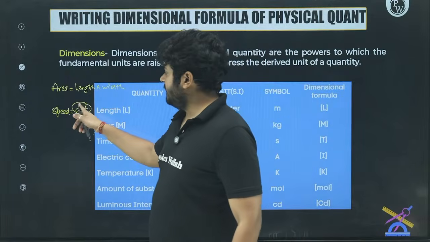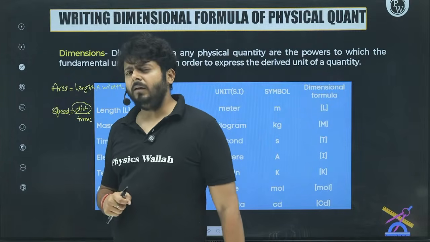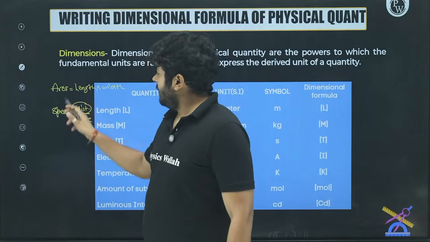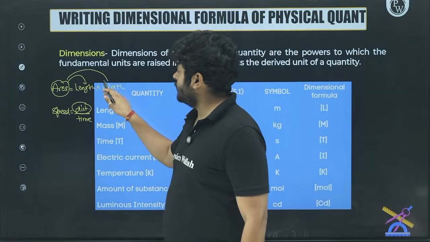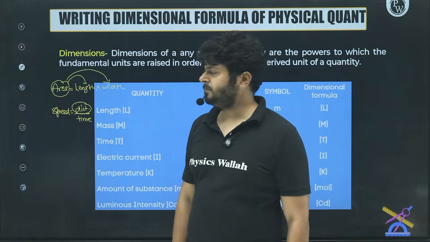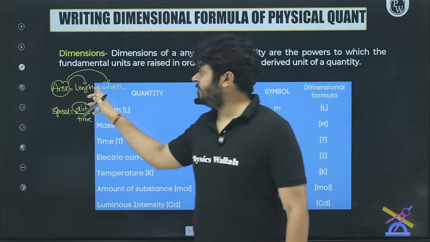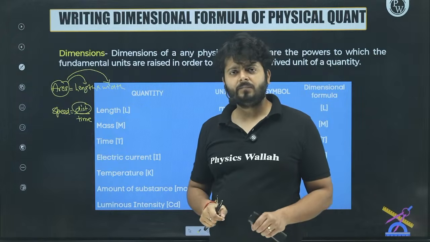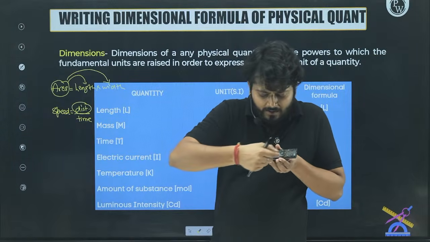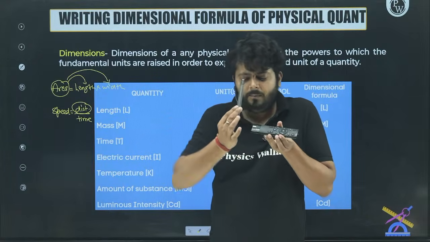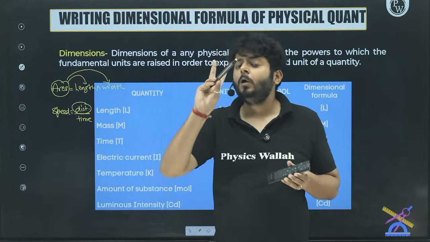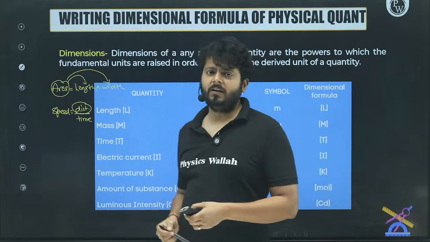You see, derived quantities depend on different powers of fundamental quantities. How many times do I have to measure to calculate area, right? I have to measure the length 2 times to get the value of area, right?